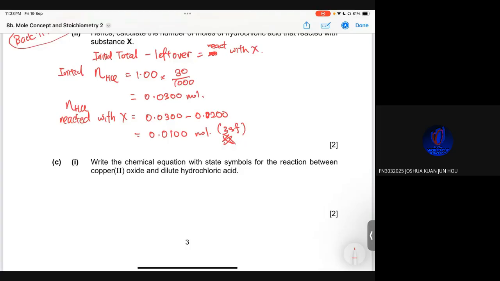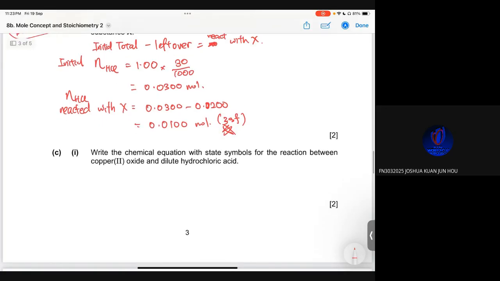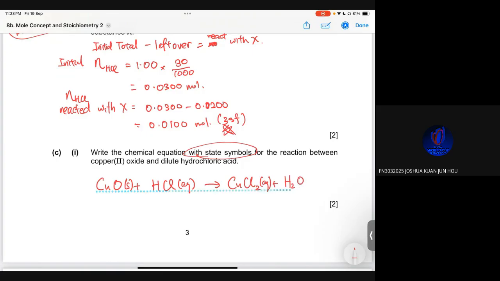Part C part 1 is not really moles, it's just chemical formula. So copper 2 oxide reacts with hydrochloric acid, HCl. They want state symbols, so this will be solid, this will be aqueous. What I'm going to get is copper chloride, aqueous, plus water, because it's a base plus acid reaction.